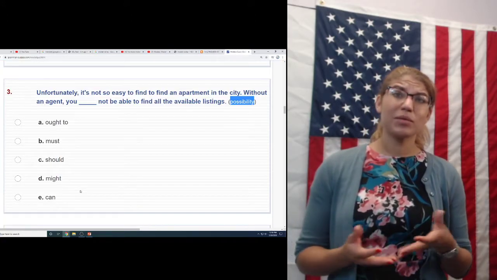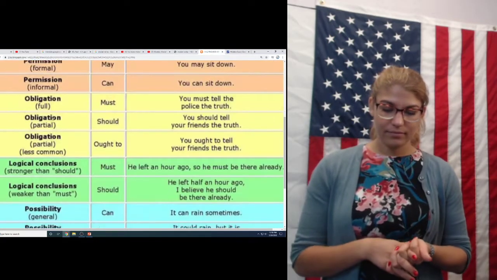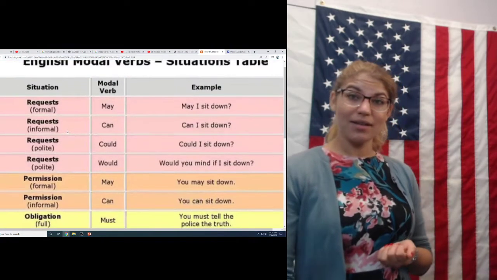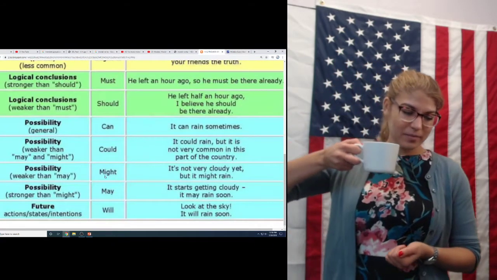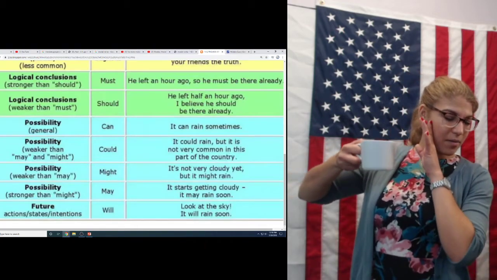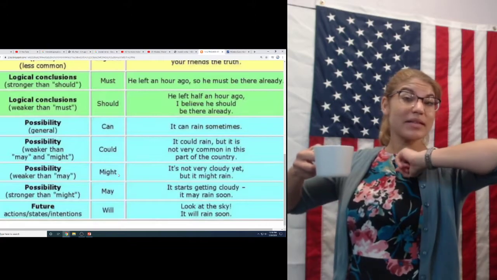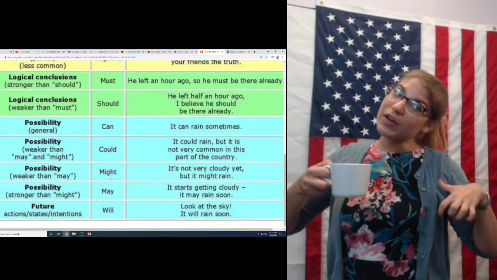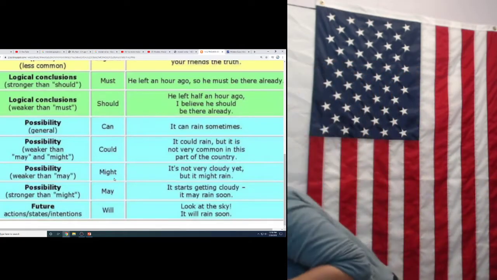Let's look at our next one, the word might. Might be the option. What's that now? Might. I like that. It's a possibility, but it's weaker, menos fuerte, less strong.